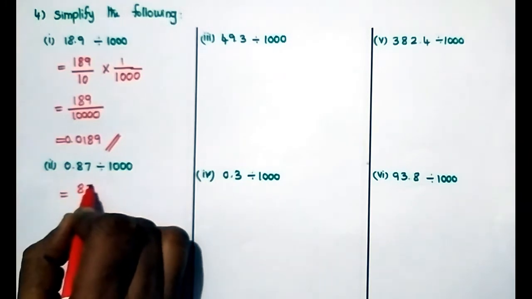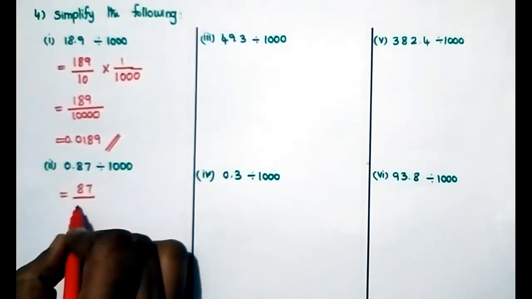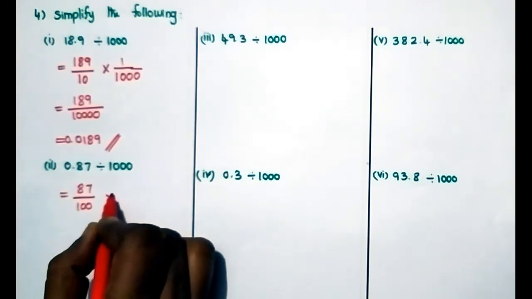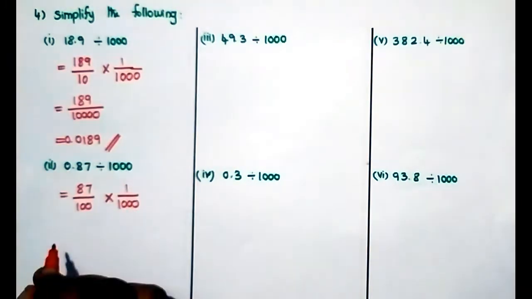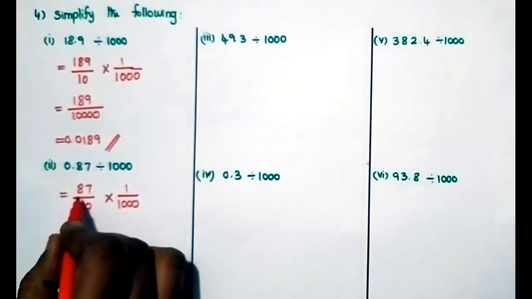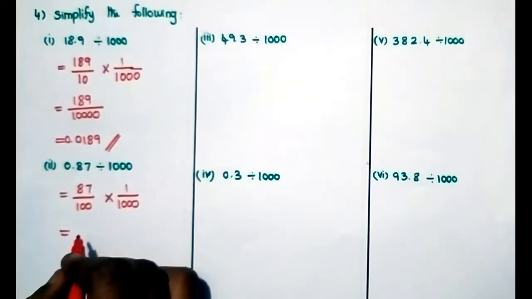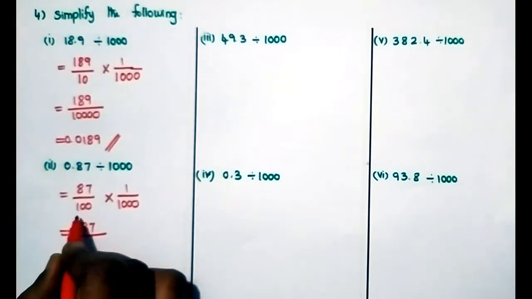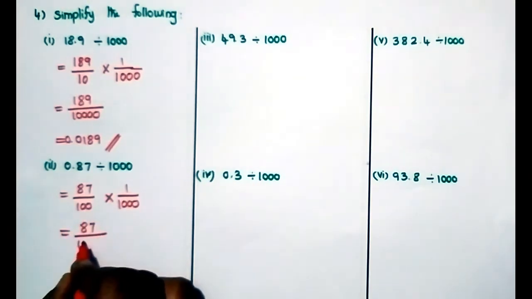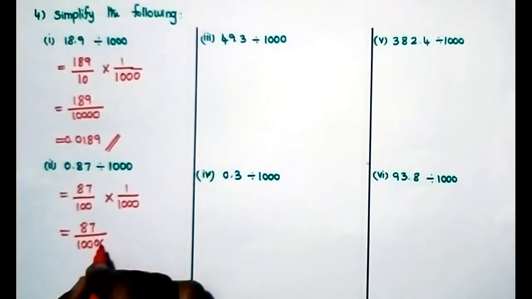Next one, 0.87 divided by 1000. Write down the number as a fraction, 87 divided by 100 into 1 by 1000. Same procedure. So I multiply the numerators. 87 into 1, 87 divided by 100 into 1000, 1 lakh.